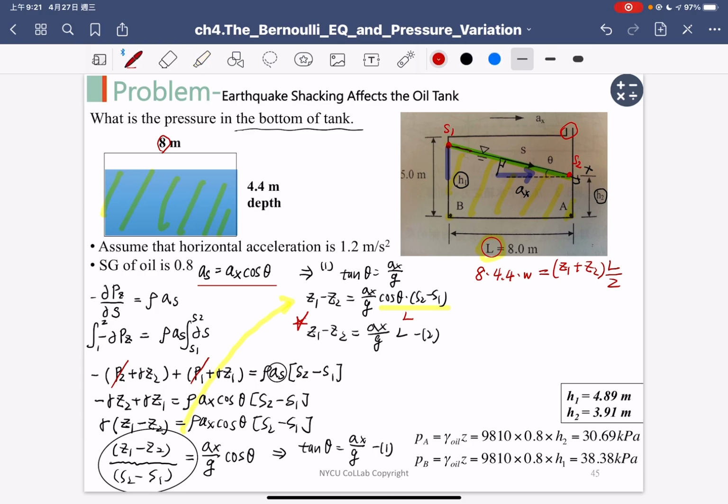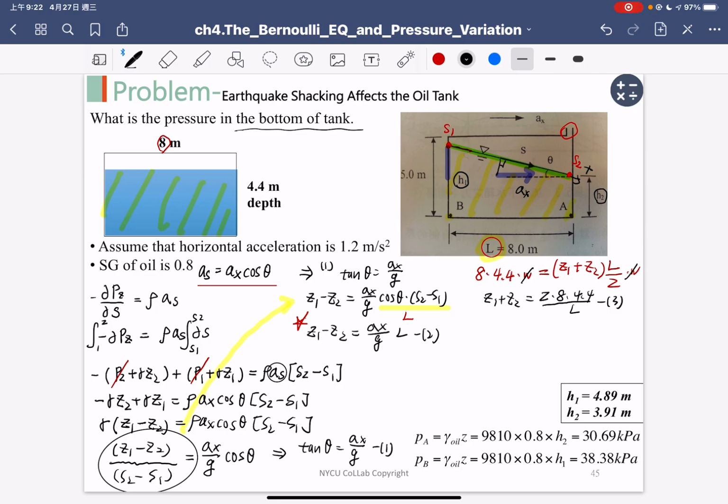We can reorganize and multiply by W, right? But the width is the same, so we cancel out the width. And then we will know that another equation is D1 plus D2 equals 2 times 4.4 divided by L. This is our other equation.